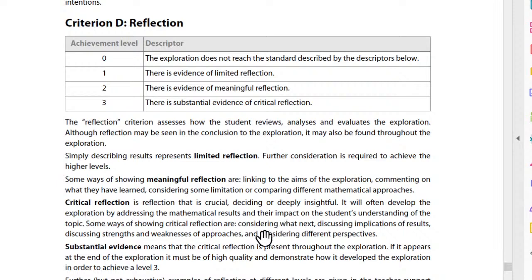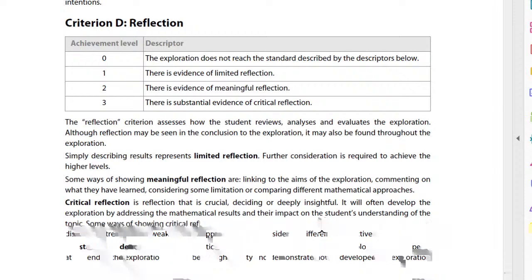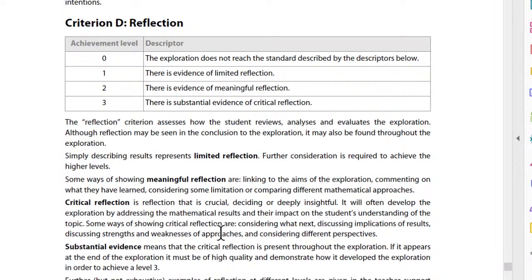They did talk about what next, so how additional, they gave two examples of how these math different perspectives. So I would say, yeah, this should be a critical reflection.